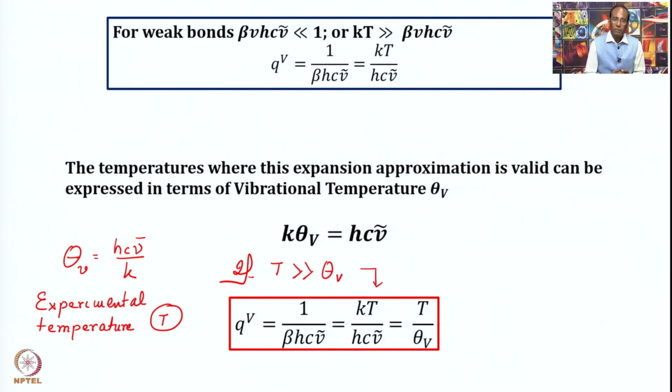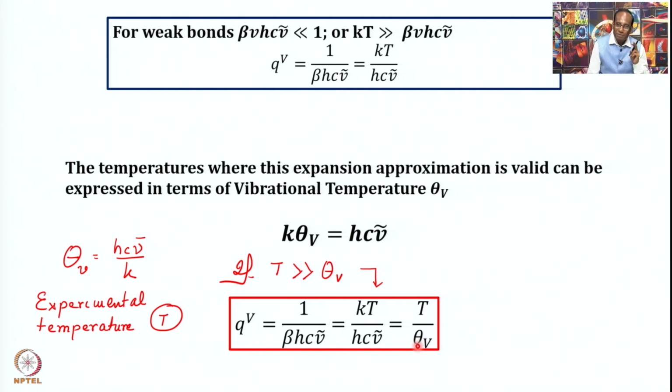So, that is the utility of the characteristic vibrational temperature, that is, it is the temperature above which this approximation is valid. And since we have defined theta V as hc nu bar by k, I can write theta V for hc nu bar by k. That means the vibrational partition function then becomes T by theta V.